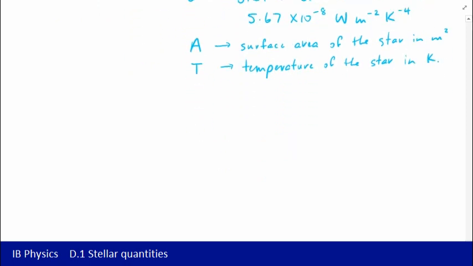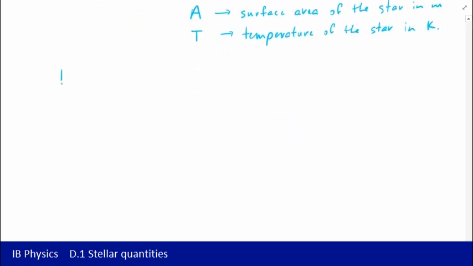Now, if we take this one little step further, if we approximate the star as being a sphere, and when we consider most stars, they are pretty close to being spherical, that then means that we can do something with the area.